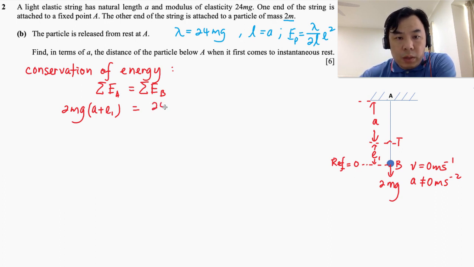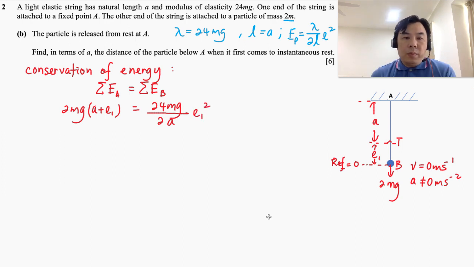Just plug in all the values: mg over 2a multiplied by its extension squared. And there you have it. There's no other energy component that we need to take into account at this point in time.